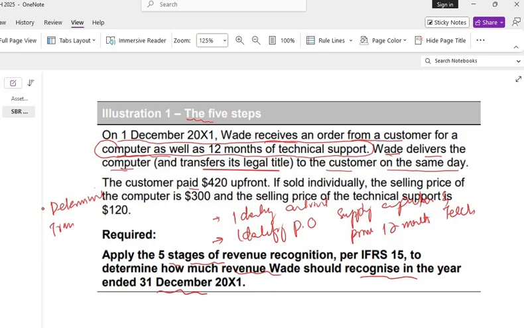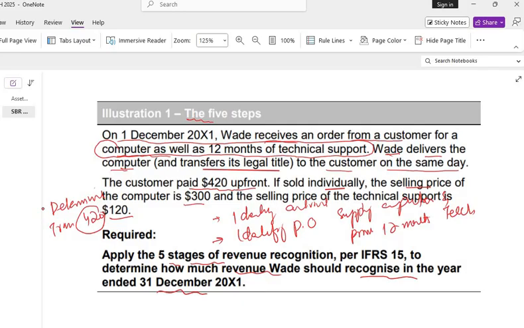Now the customer paid 420 upfront. If sold individually, the selling price of the computer would be 300 and the selling price of the technical support would be 120. So the transaction price is 420. Clear? Now we have to allocate the transaction price, which is 420, to the performance obligations.